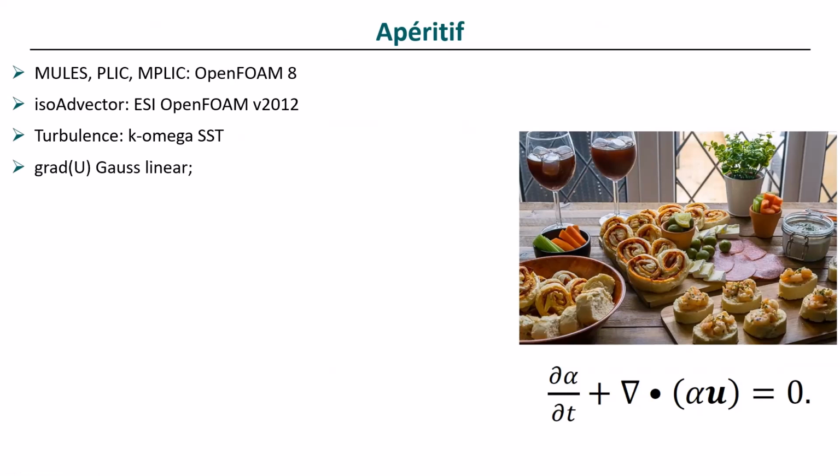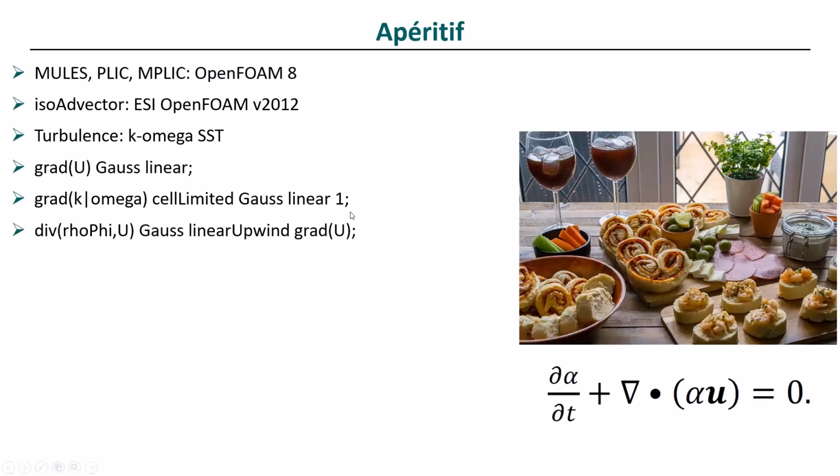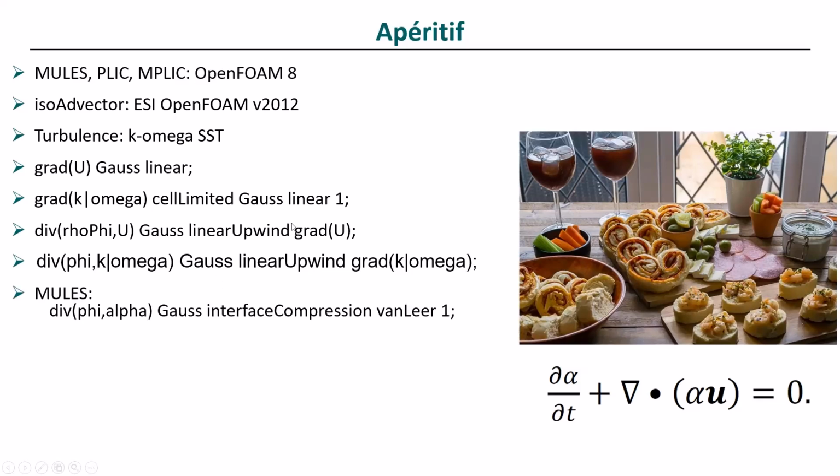I use a linear gradient scheme for the velocity, and for k and omega I use cell limited. This provides a physical bounding of k and omega, and doesn't allow them to go to negative values or overshoot. Linear upwind is used for the advective momentum term and also for the turbulent variables.